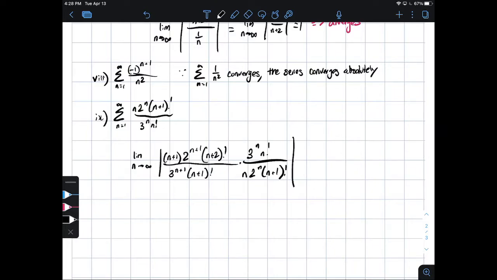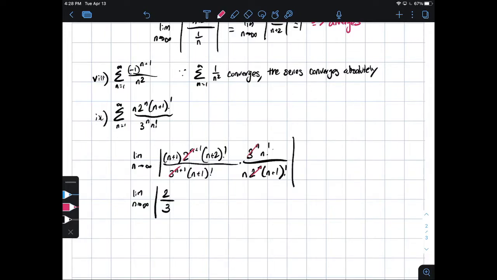So now we want to cancel out a bunch of these things. This is equivalent to the limit. Now what can be canceled out? We're going to have a 2 up here and a 3 down here, because these cancel with each other.